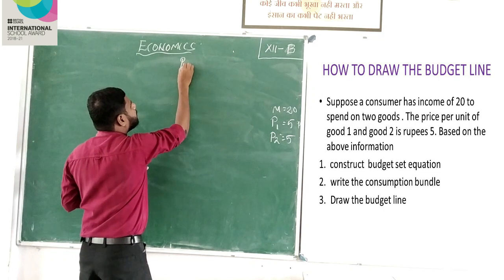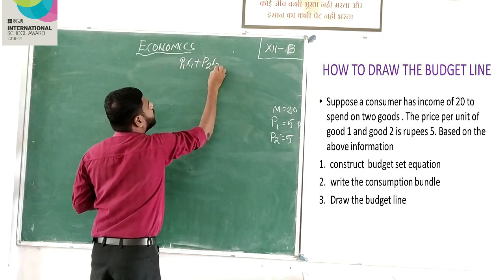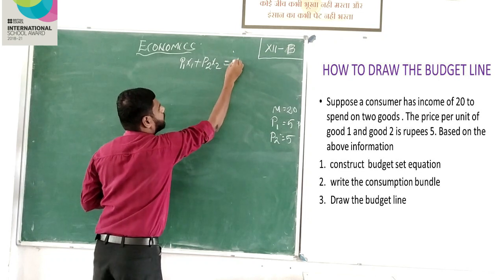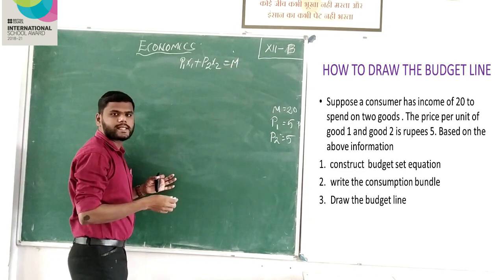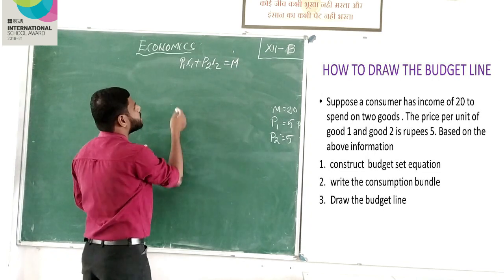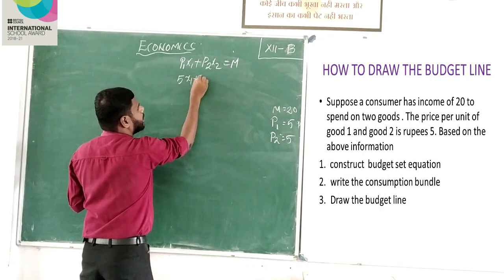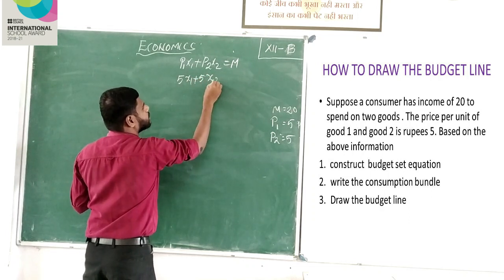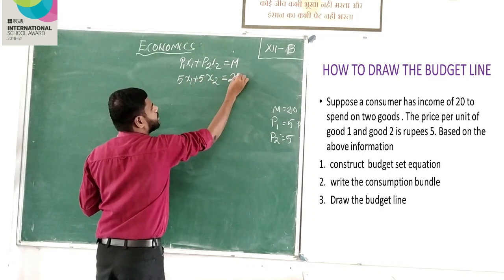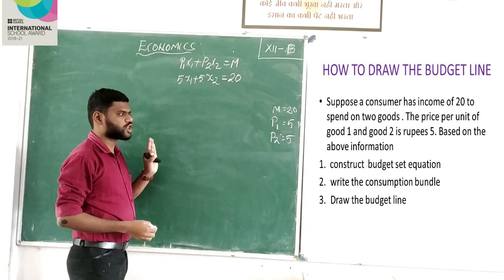That is P1 x1 plus P2 x2 equal to M. So based on this, we construct the budget line equation: 5 x1 plus 5 x2 is equal to 20. This is the answer to the first question.